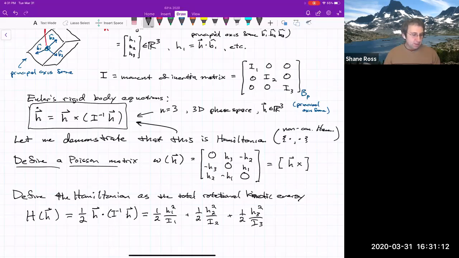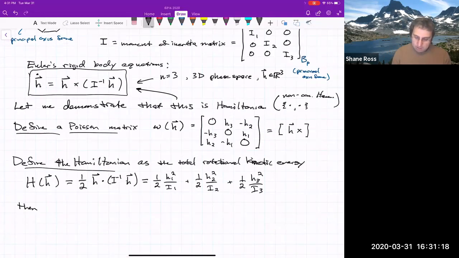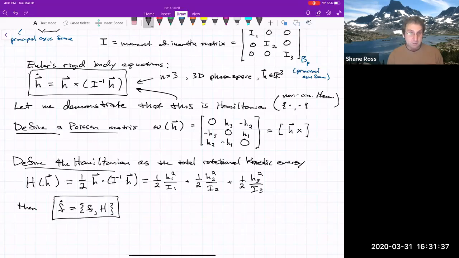That seems legit. Okay. Then here's the claim. With this Poisson matrix and this Hamiltonian, this is equivalent to Euler's rigid body equations for any scalar function of the angular momentum, any scalar function f.